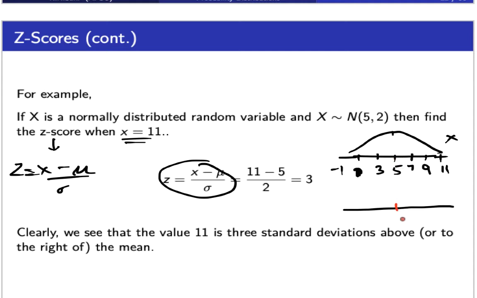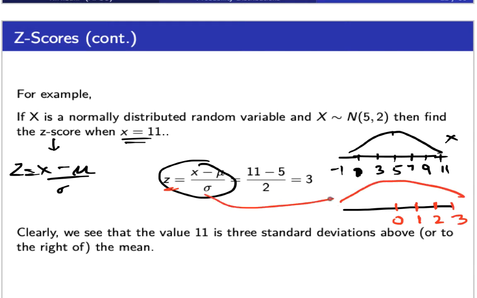So 5 is the mean for the normal curve, but for the standard normal curve, 5 is 0. When it is 7, we are going 1 standard deviation above 5, which is 1. 2 standard deviations above 5 is 9, which on the standard normal curve is 2. And 3 standard deviations above 5, you get 3.